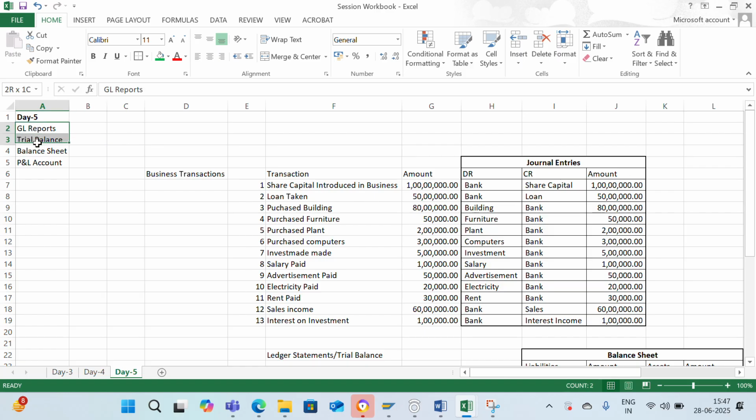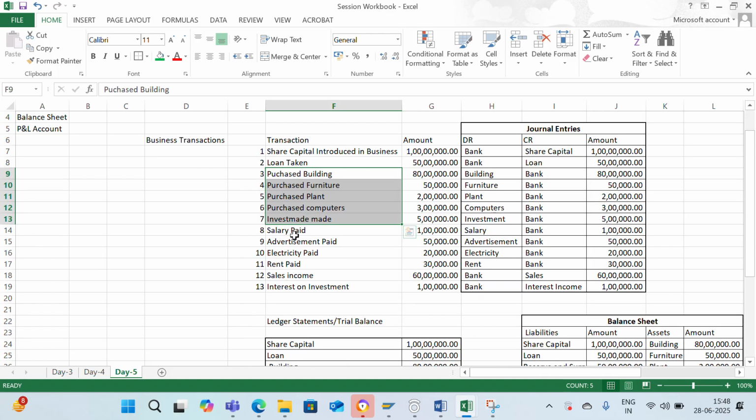To prepare all these reports, I have constructed some business transactions. I have introduced some capital into the business and have taken some loan. Now, based on the bank balance, I have purchased some building, furniture, plant, computers, and also made some investments.